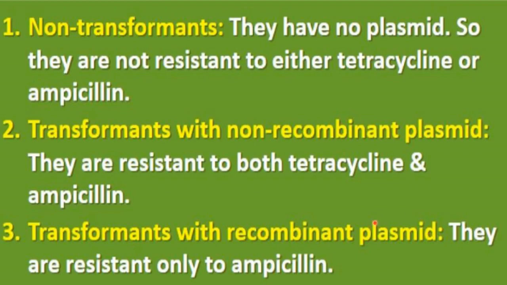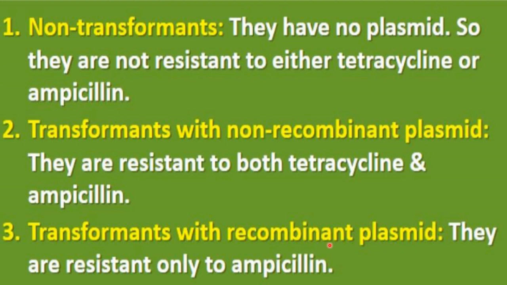Recombinant plasmid is present here. Recombinant plasmid means an alien piece of DNA has been ligated into the plasmid, and you know that due to ligation of that alien piece of DNA, one of the antibiotic resistance genes will be inactivated.